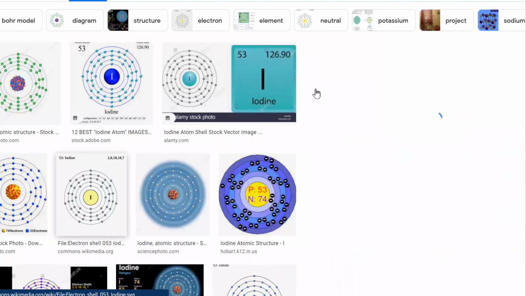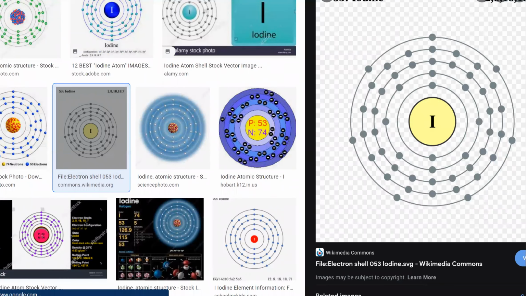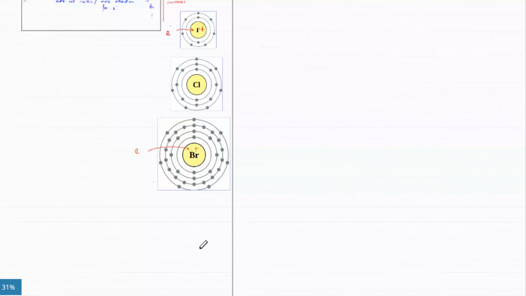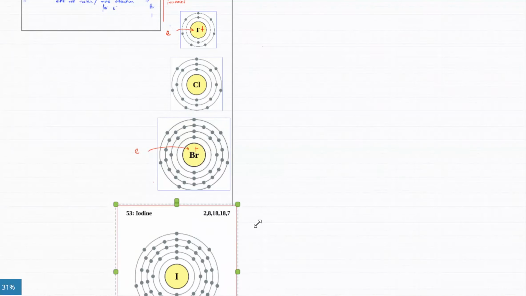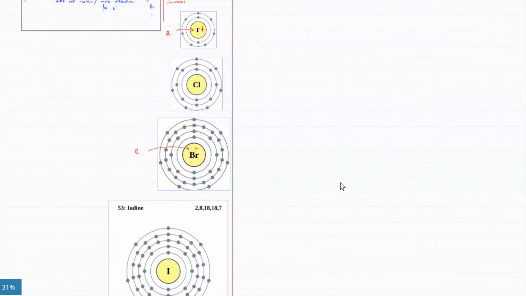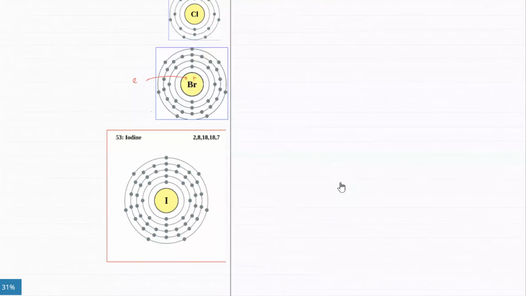The iodine atom would be even bigger, and it's going to have even more electrons. So that's an iodine atom, with too many electrons. It would be difficult for iodine to even control its own electrons. The nucleus of iodine is already busy; it's got 53 electrons, so 2, 8, 18, 18, and 7. That's a lot of electrons around it, so it would be very difficult for the nucleus to attract an extra electron.